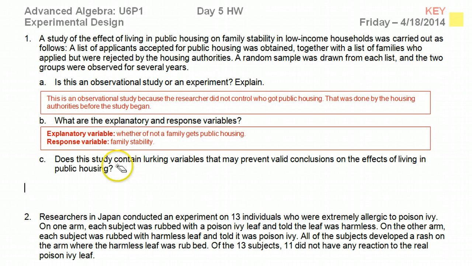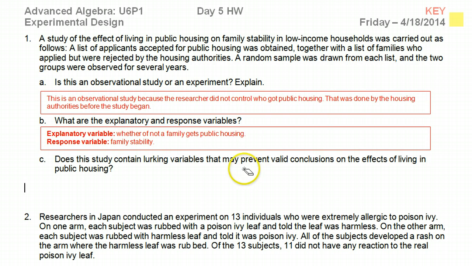So again, to eliminate those lurking variables, what they would need to do is, if they just got one big group of people, like for example everybody that applied for public housing in one big group, and instead of using some sort of criteria to separate them, just using random chance to separate them into groups, then if you give one group housing and deny the other group housing, then you can compare and see, well, okay, the only thing different about these two groups is now that one group got housing and the other group didn't.